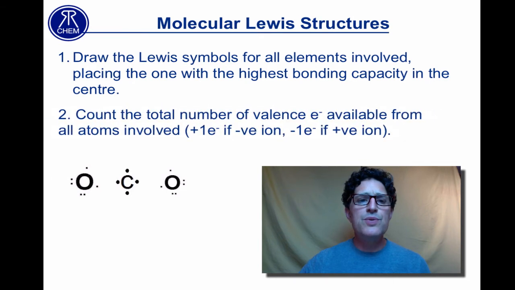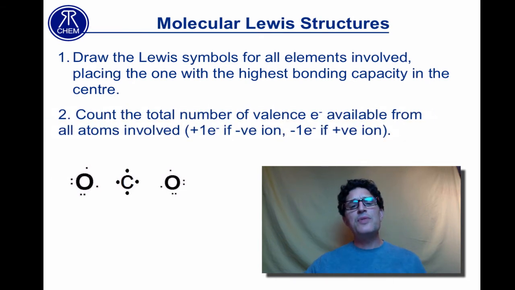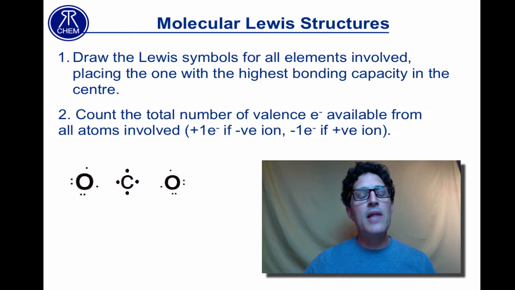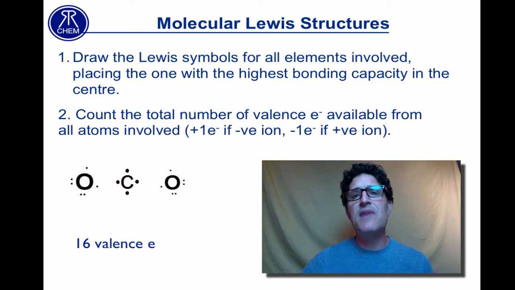Rule number 2 then says to count the total number of valence electrons available from all atoms involved. You'll add 1 electron if you have a negative ion, and you'll subtract 1 electron if you have a positive ion. So if we count all of the electrons around the carbon and the oxygens, we get a total of 16 valence electrons amongst all 3 of those atoms.